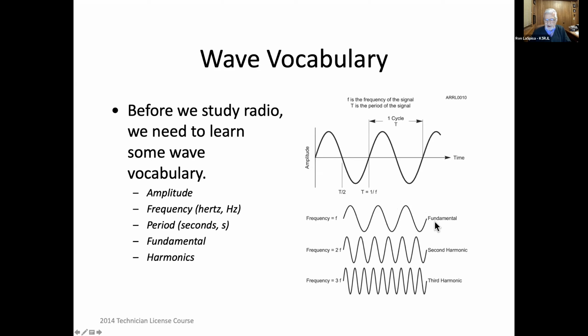And if there is a frequency that is 2 times that, then we call that frequency the second harmonic. And if we have a frequency that's 3 times the fundamental, then it's called the third harmonic. Notice that with this language right here, there is no such thing as a first harmonic. We go right from the fundamental to the second harmonic.